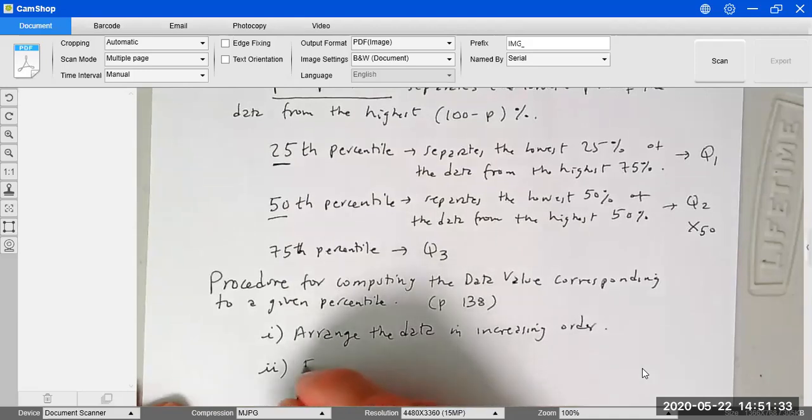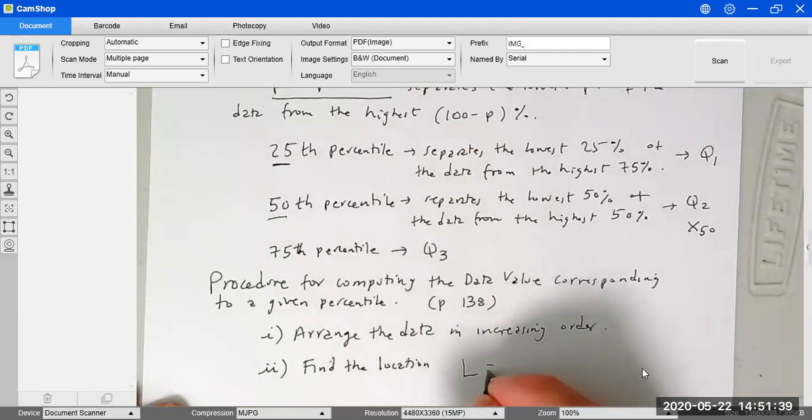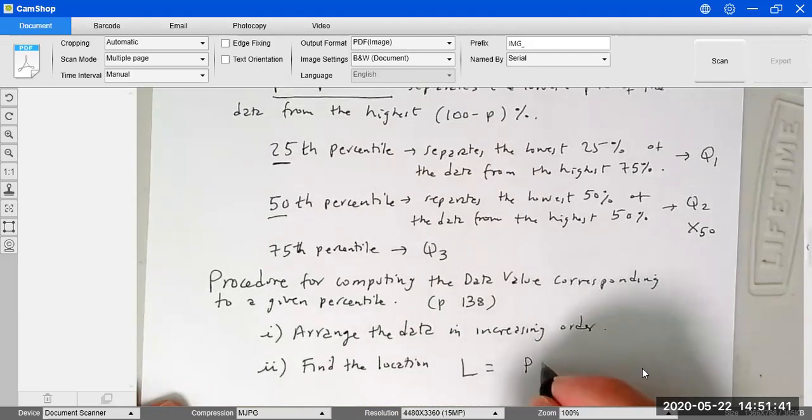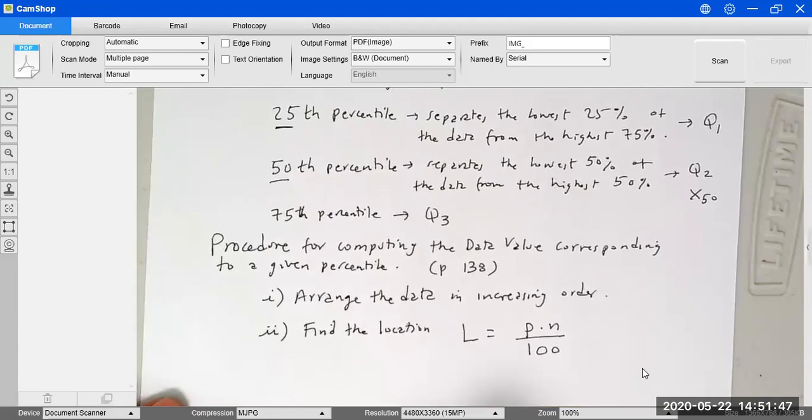Then we're going to compute the location. So we're going to find the location L as P times N over 100. And we have the same rules as before.